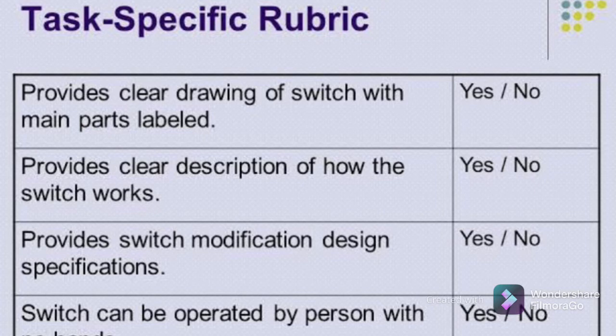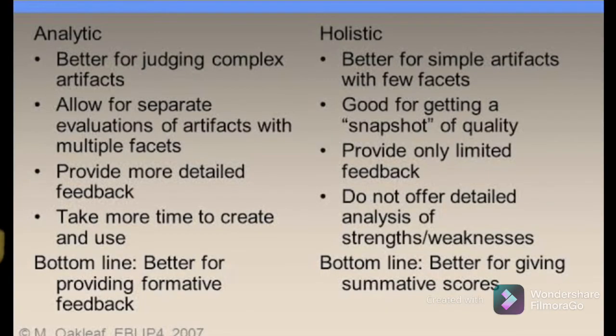Now, let us look at the difference between the analytic and holistic rubrics. Let us see the difference between the two, because a holistic can also be general and analytic can also be task-specific.